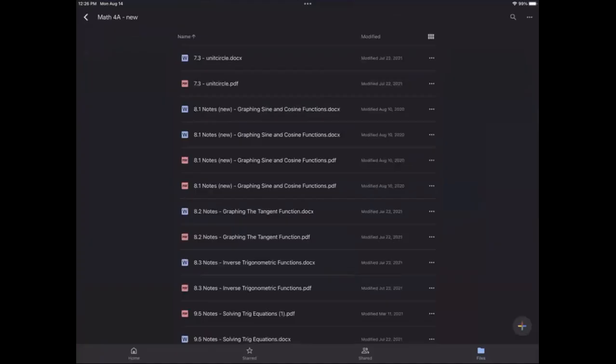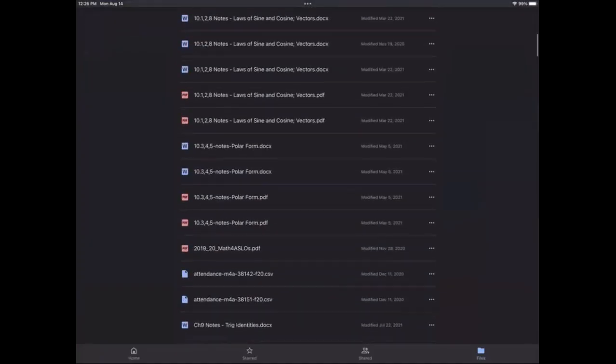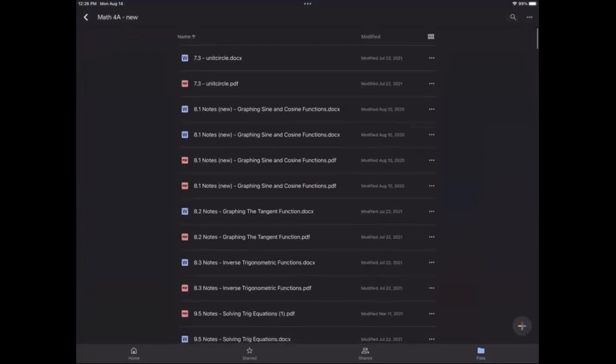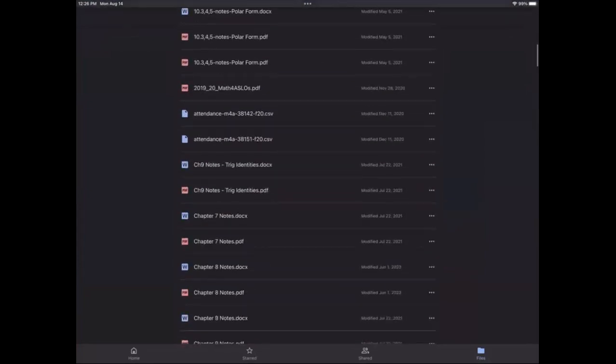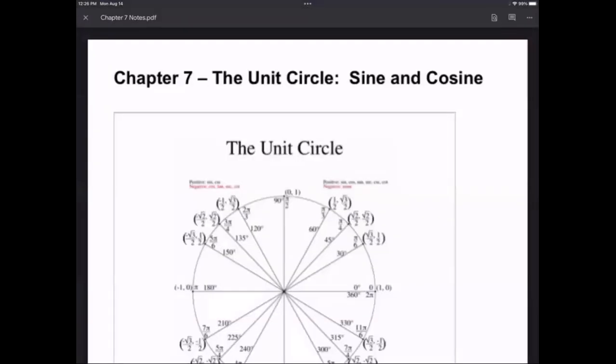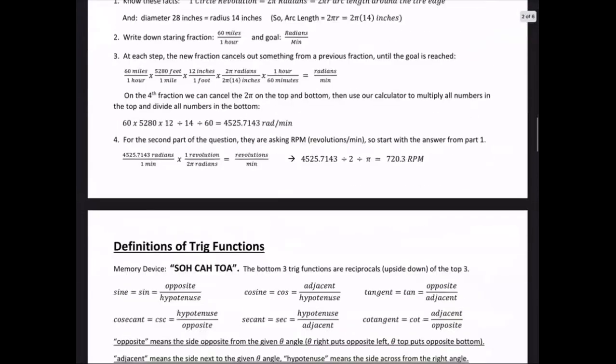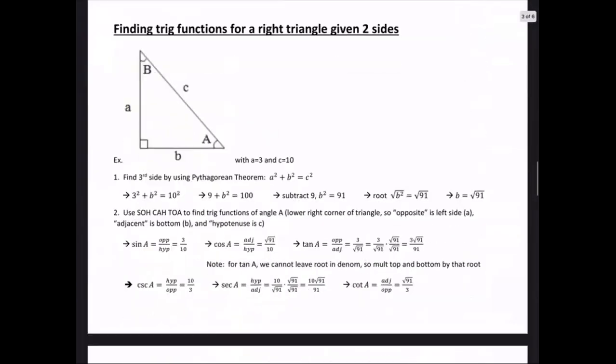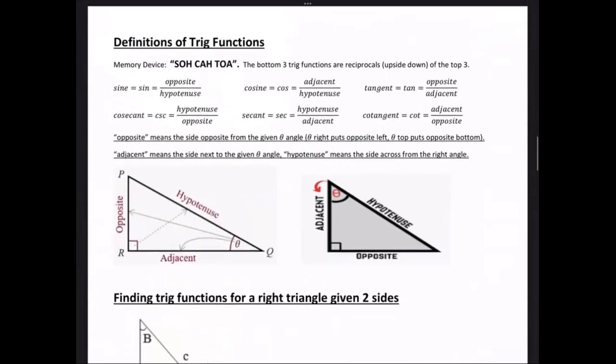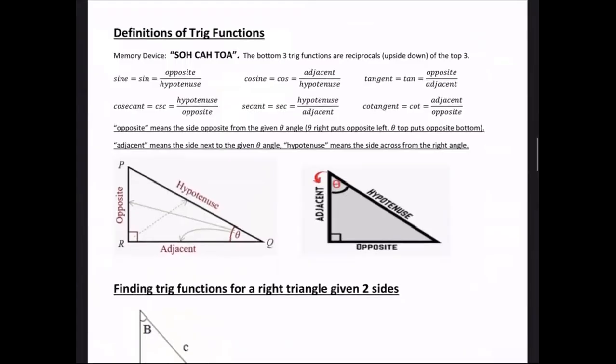So chapter 7. There it is. Okay, definitions of the trig functions. There it is. So right there in the notes.